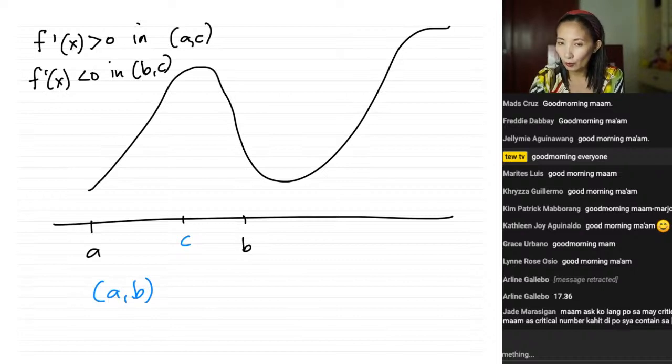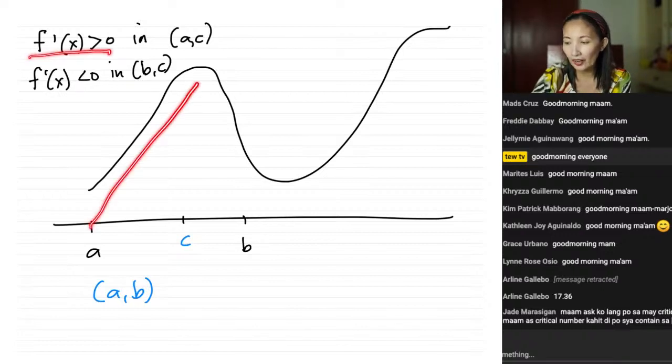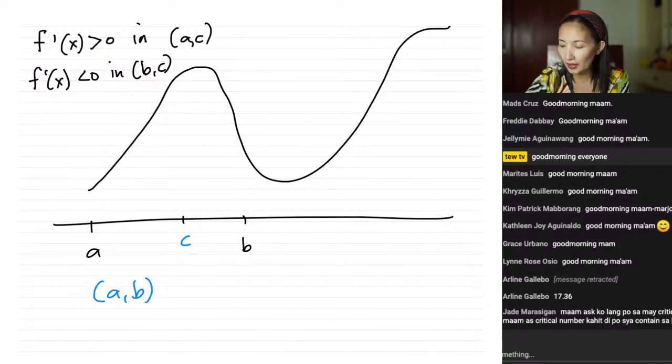Once more, from A to C, the function is increasing, but from C to B, the function is decreasing. F prime of x is greater than 0 from A to C, and f prime of x is less than 0 in CB.